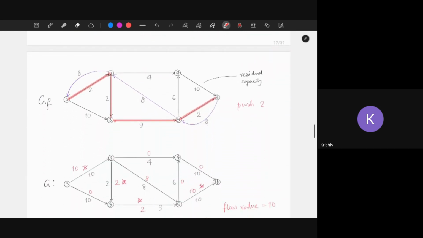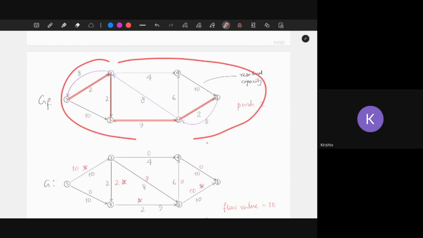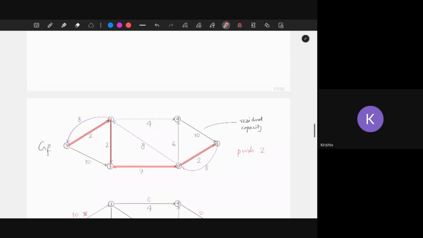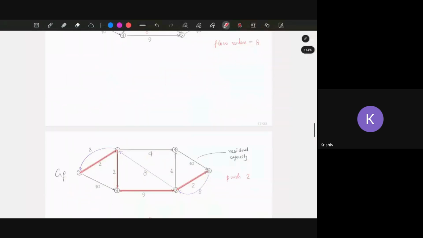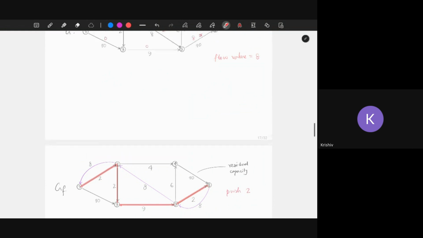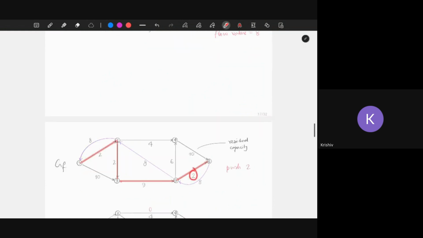And one thing, this actually helps when you tell this algorithm to the computer: there is something called the residual network. Whatever you actually sent in your previous step, you take the edge back, and whatever remains you put on the edge.